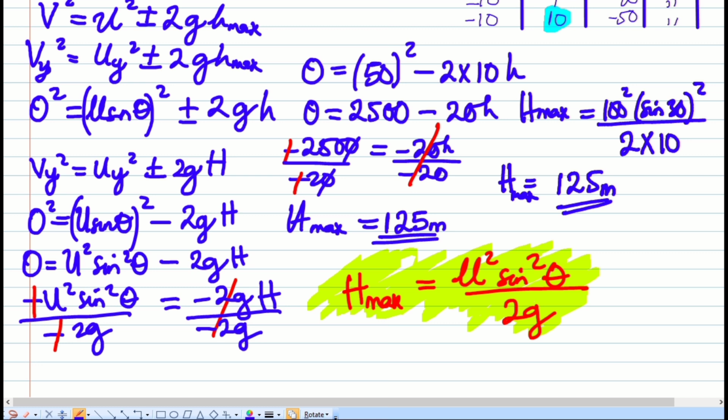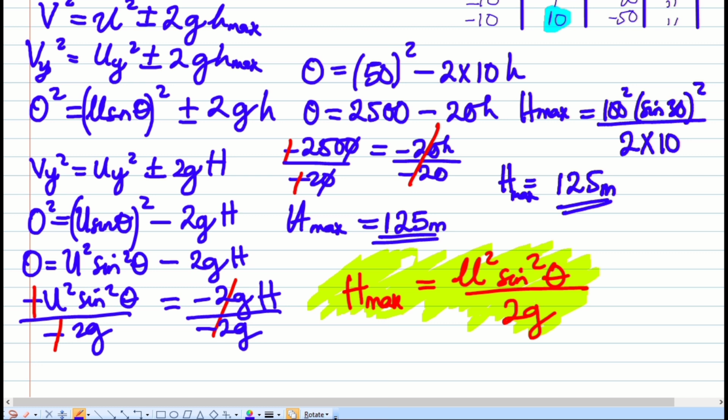That's how I see it, because I now understand how to derive it and everything is so clear. Without the formula, you can still solve. With the formula, you solve even faster. So this is it for the maximum height attained by a body in projectile motion.